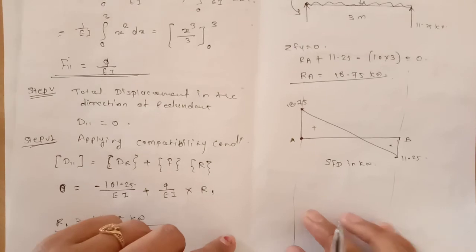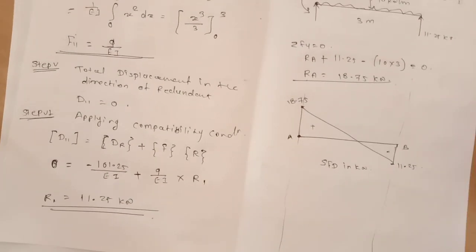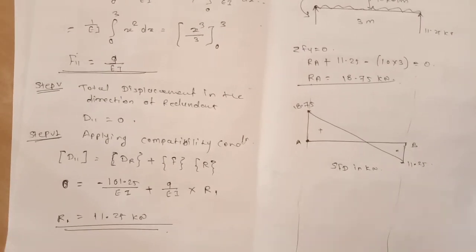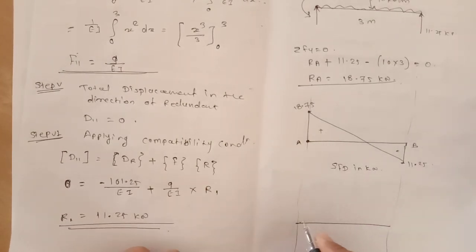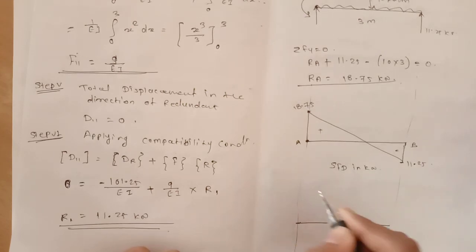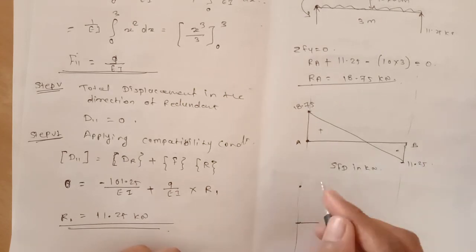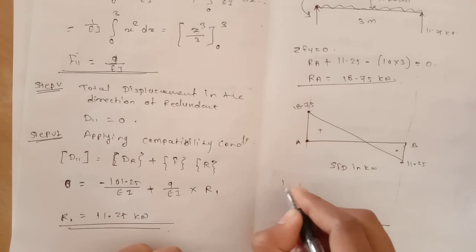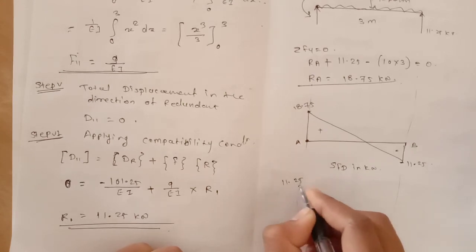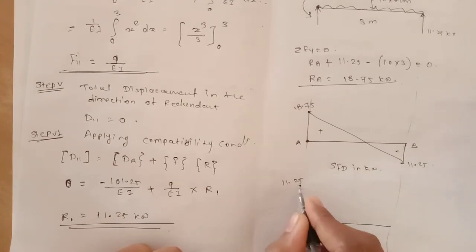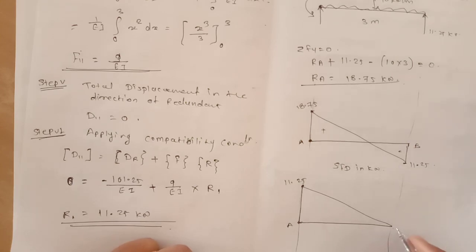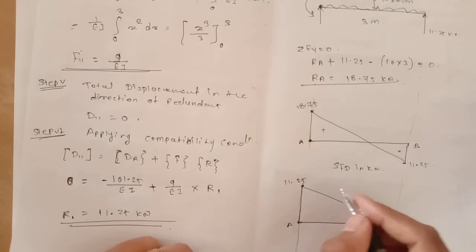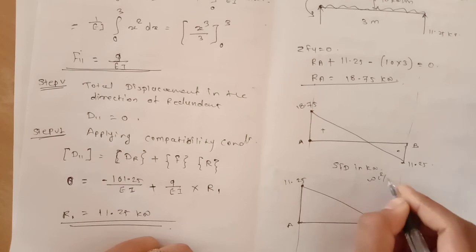And then next draw the bending moment diagram. Firstly draw the neutral axis. Then at point A the moment is 11.25. Next, over this AB member a 10 kilonewton per meter UDL acts. So the formula is WL squared divided by 8.